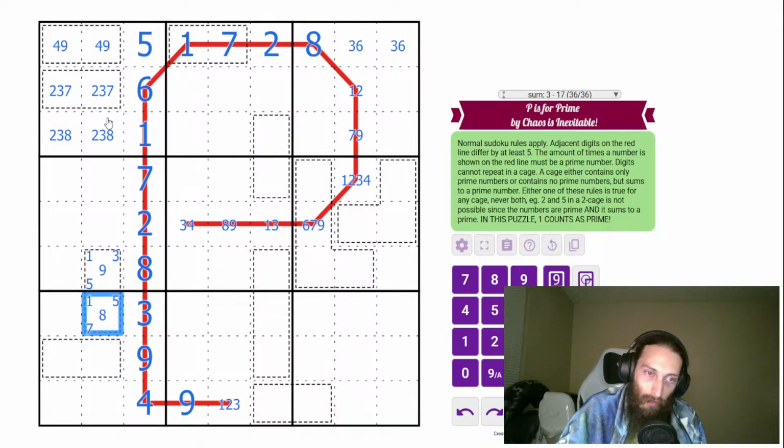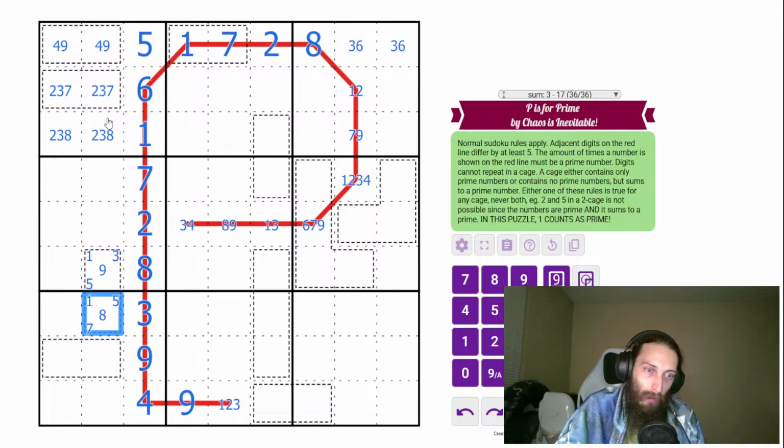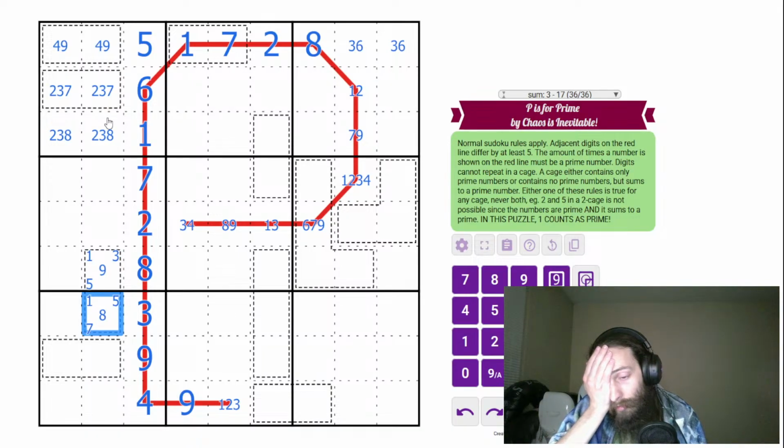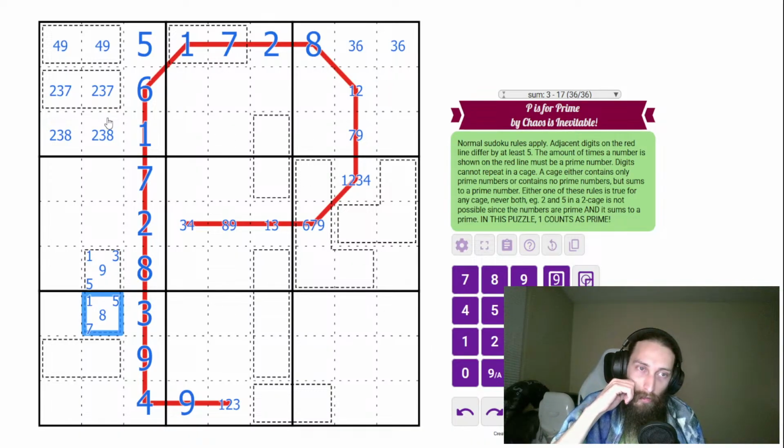It's just 2 and 7 that could go together, but because both 2 and 7 are in this one, you can't put 2 and 7 together. Right. 3 and 5 and 7, so it has to be only 2, 7. It's the only combination that works with a 2.